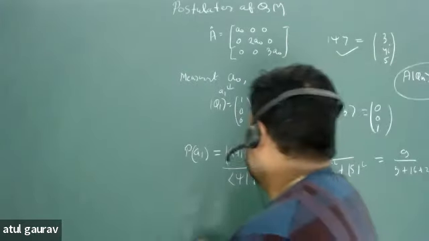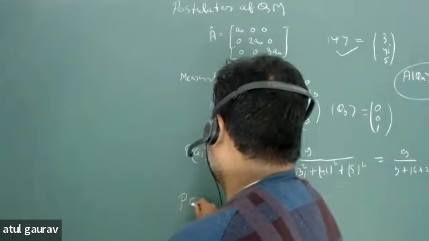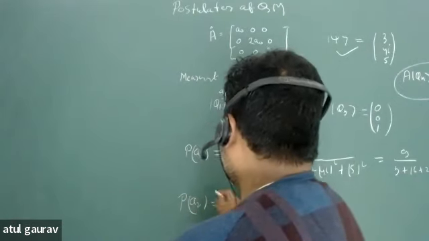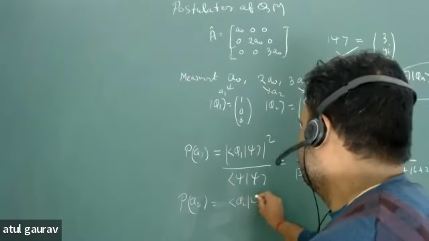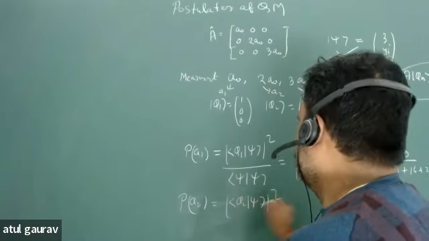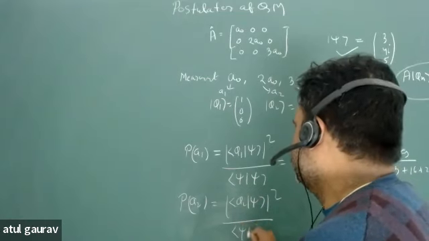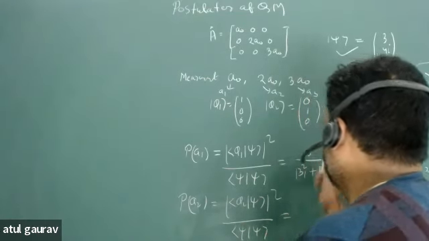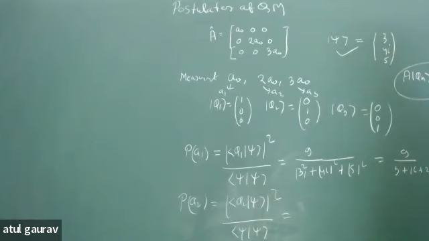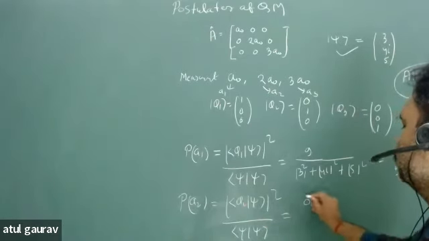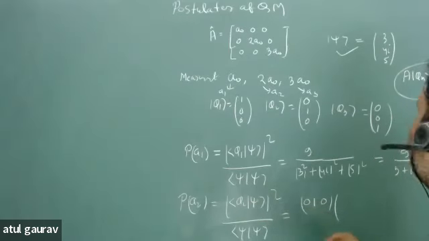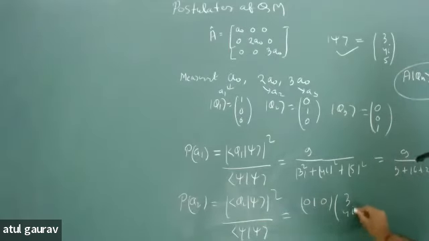And similarly, we will go for the probability of A2. What can you write for this? You can write mod square of phi 2 with psi, and you have psi with psi. How will you write it? You will write 0 1 0, and psi is 3, 4i, 5, and you have to take the mod square of this.